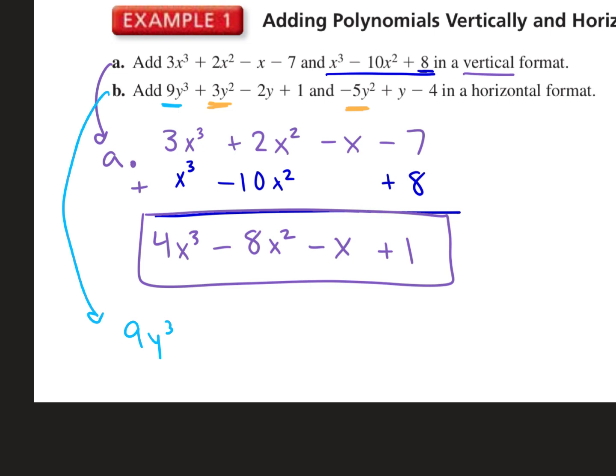So what's 3y squared plus negative 5y squared, or 3y squared minus 5y squared? Negative 2y squared. Then do I have a like term with negative 2y? Y. So what's negative 2y plus y? Negative y. And then lastly, 1 minus 4. Negative 3. Be super careful with your signs here.